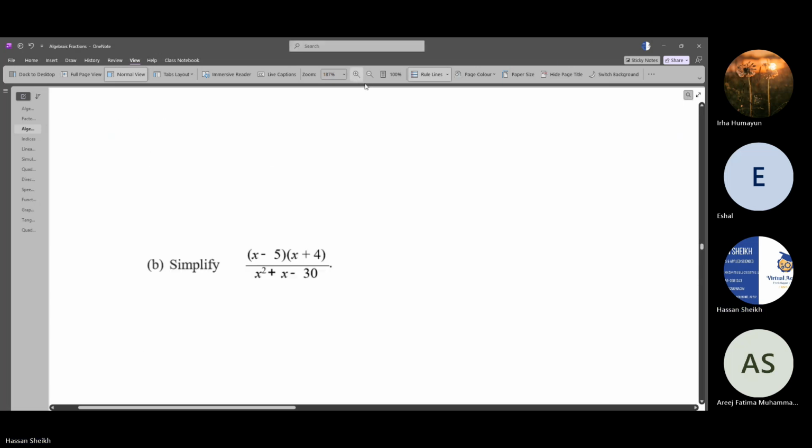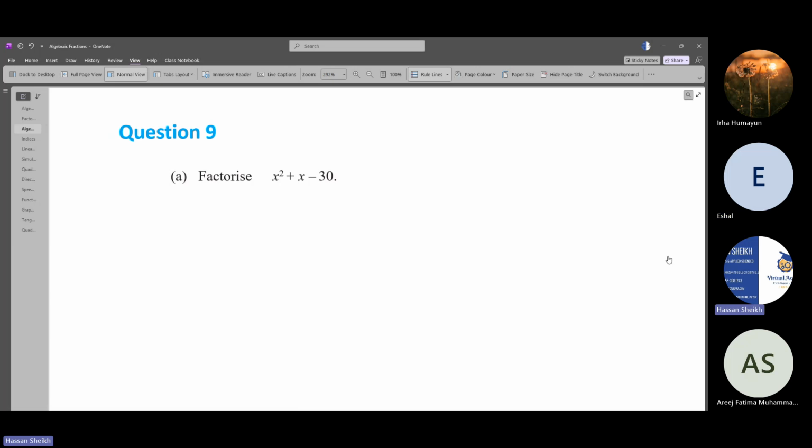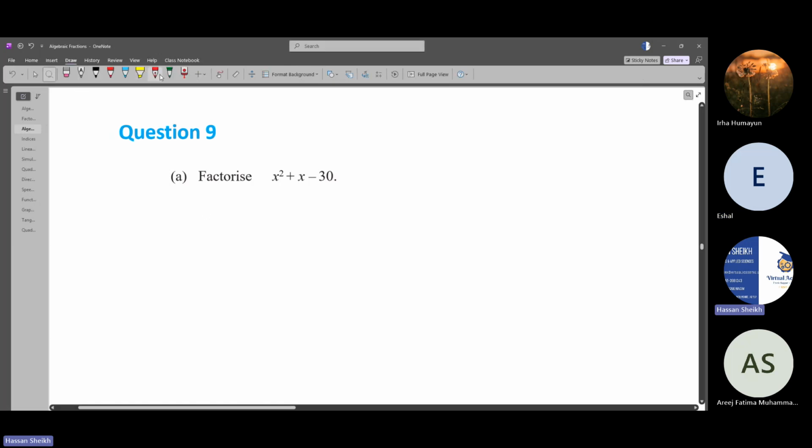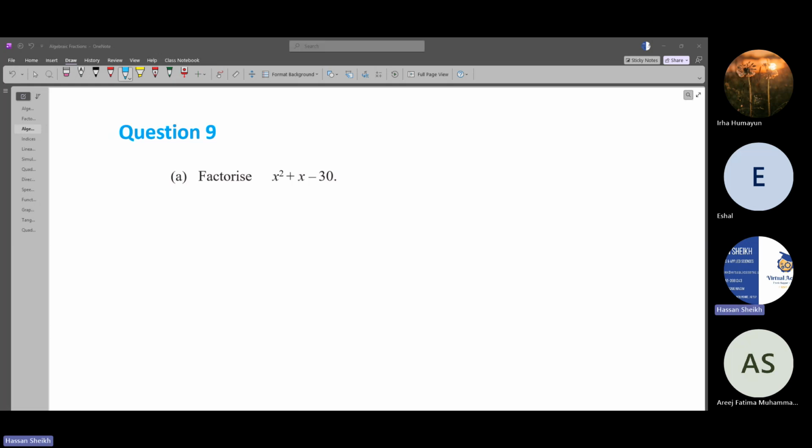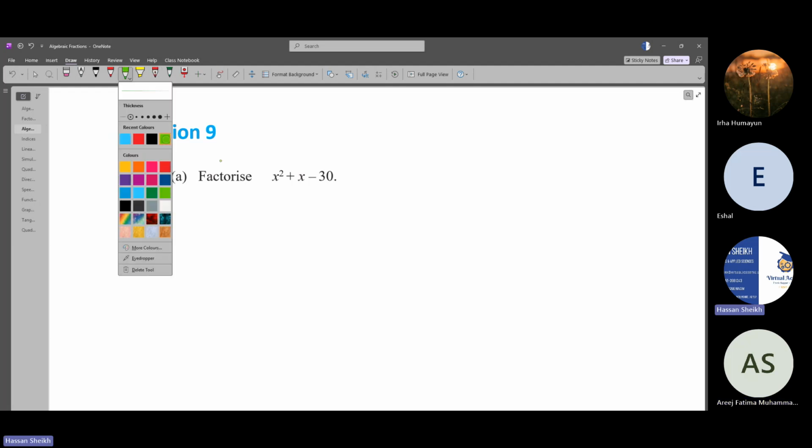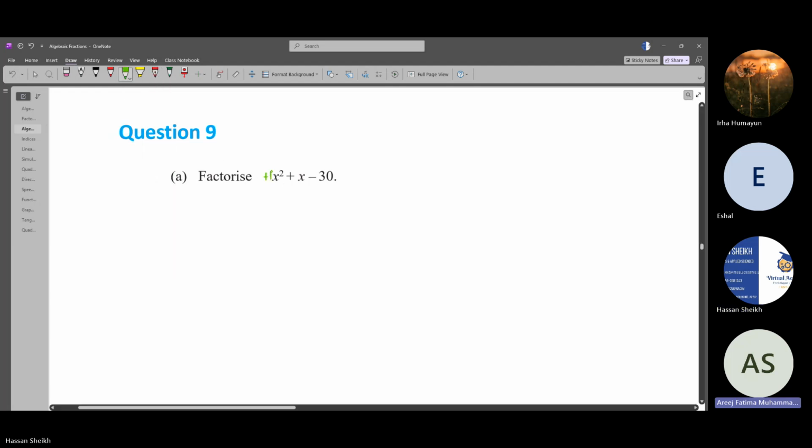Okay. So this one is a quadratic expression, x squared plus x minus 30. We'll solve it with the middle term break.